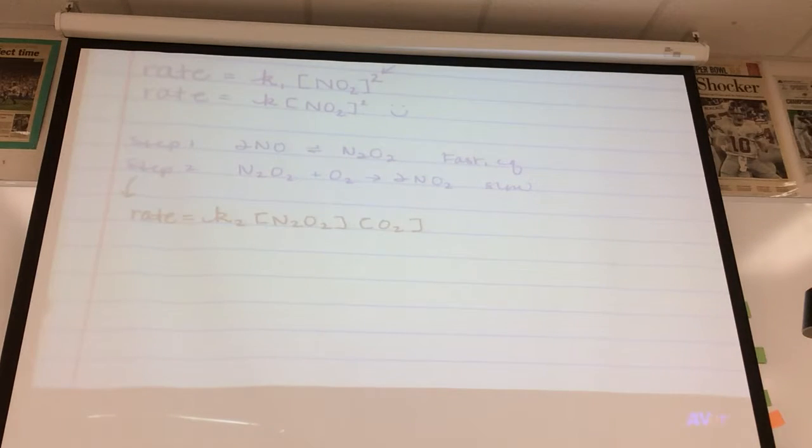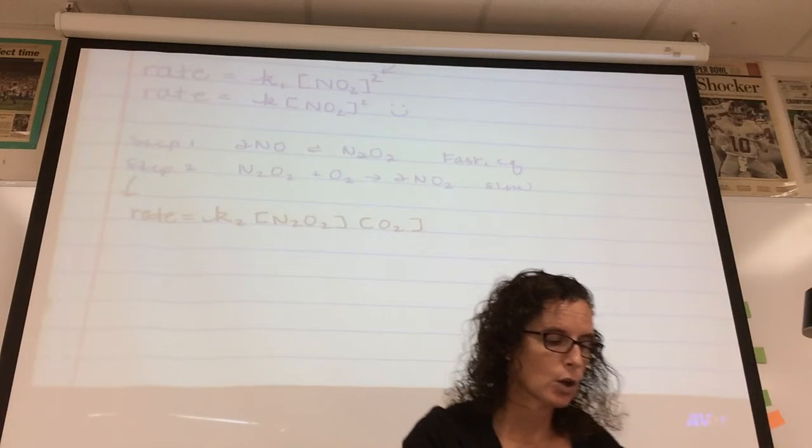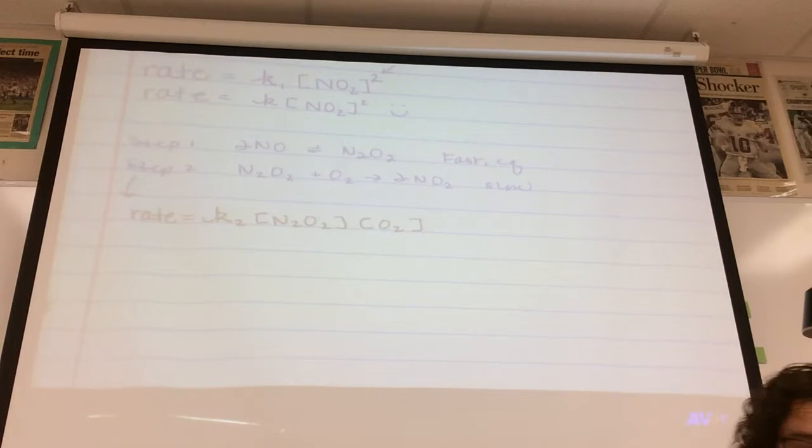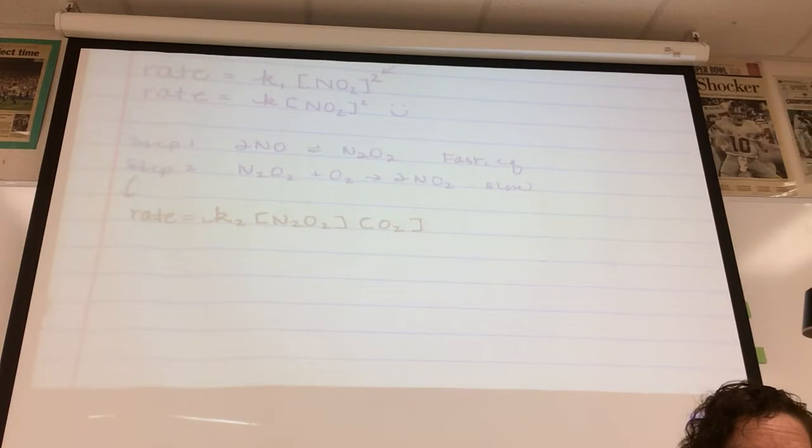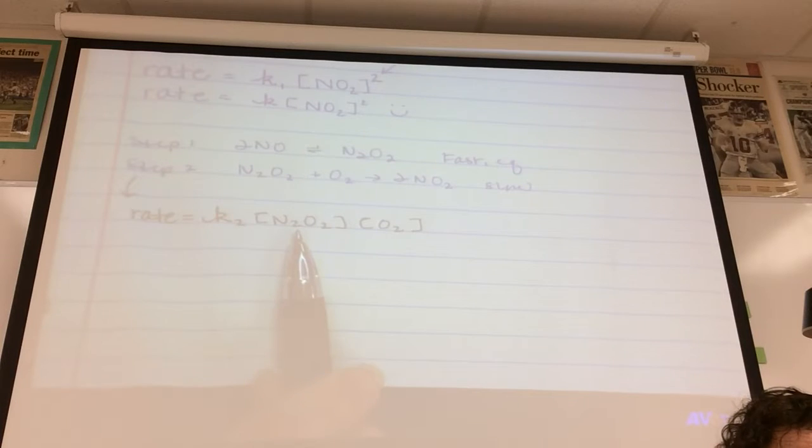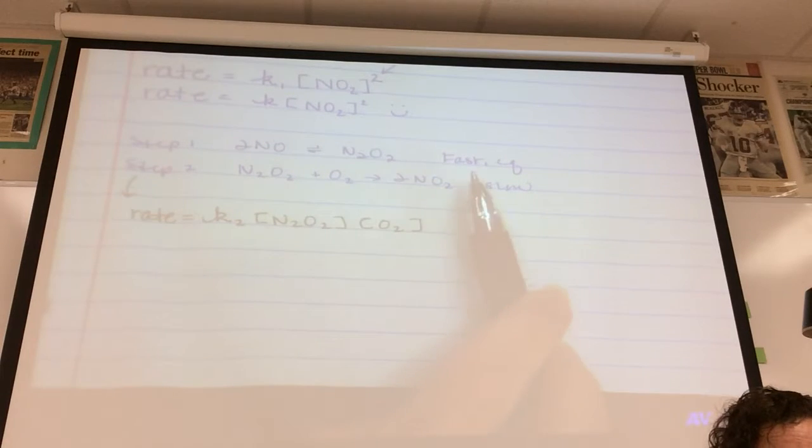When you look at that rate law, you can see that one of the substances is the reaction intermediate. So we really want to substitute that one. And we can substitute it by writing a rate law from the fast equilibrium step and plugging it in.